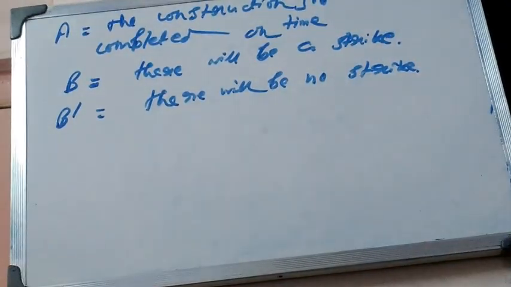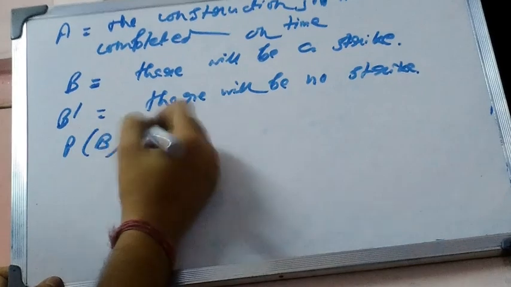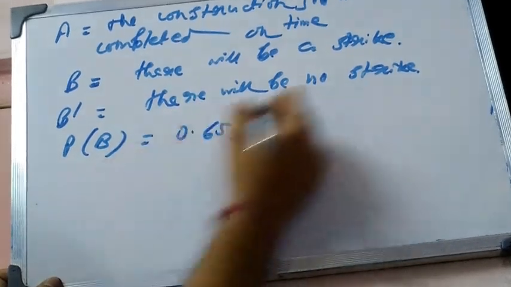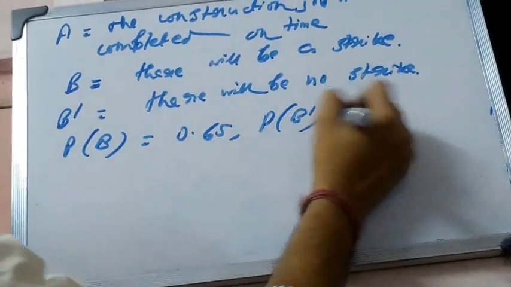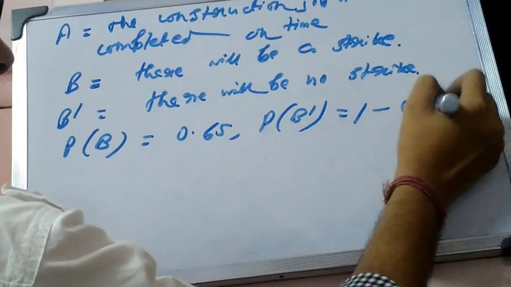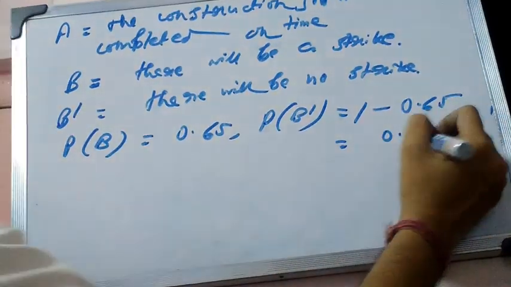There will be no strike. So we have to find the probability of A. It is given that probability of B is 0.65. So clearly probability of B complement will be 1 minus 0.65, which is equal to 0.35.